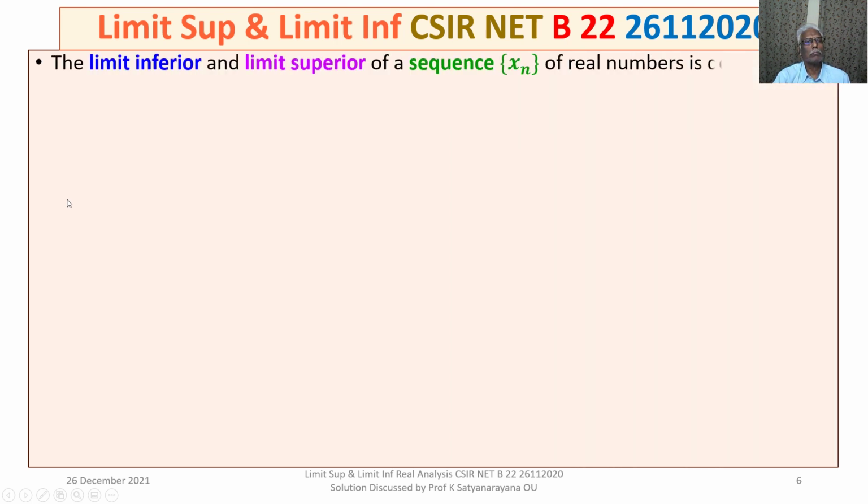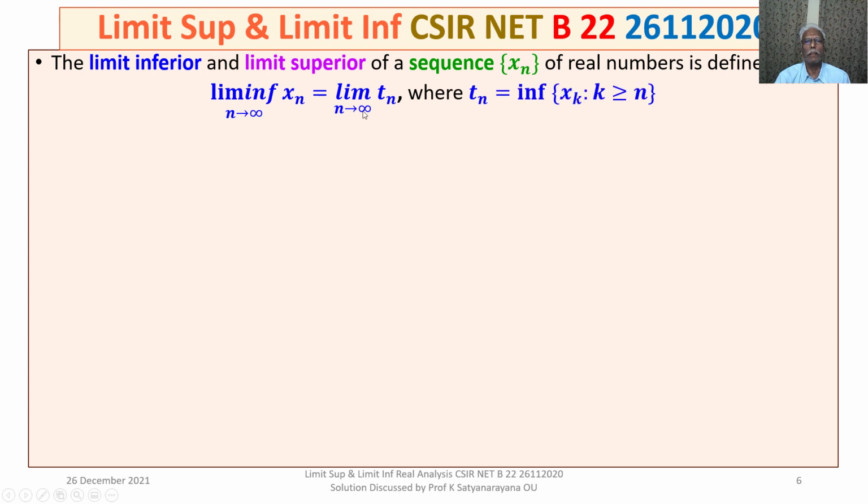Now, we talk about the limit inferior and limit superior of a sequence of real numbers. The limit inferior and limit superior of a sequence x_n, n equal to 1 to infinity, of real numbers is defined by: limit inferior of x_n is equal to limit as n tends to infinity of t_n, where t_n is the infimum of the set of all x_k, k greater than or equal to n.